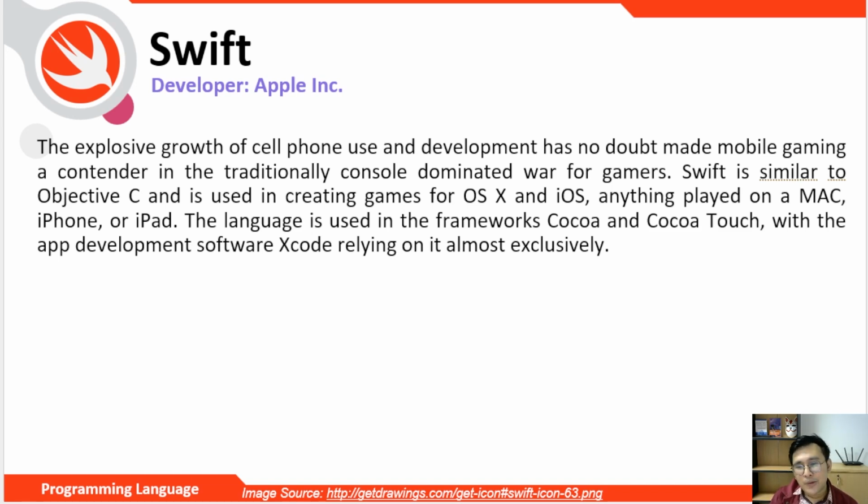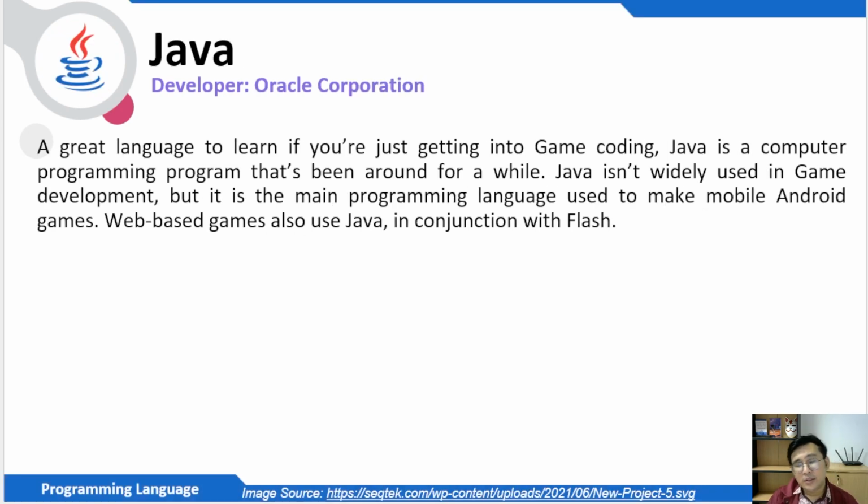The next programming language is one of the famous ones, and some of you may have heard of it, which is the Java programming language. This is one of my recommended programming languages that we can use to develop not only for gaming but also in everyday use of programming or information technology.